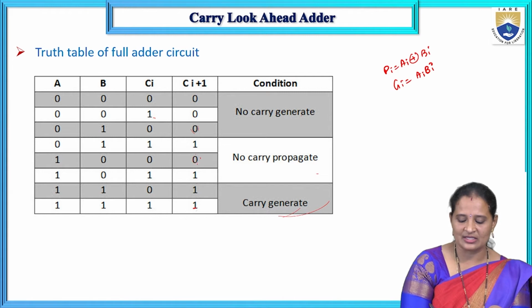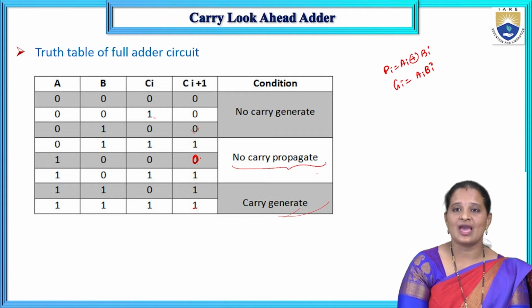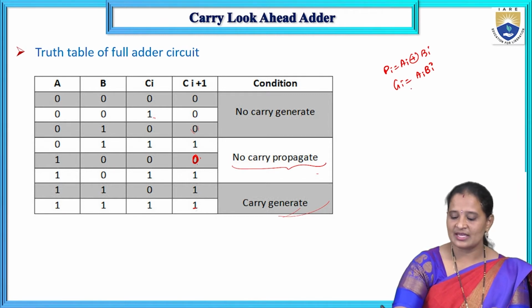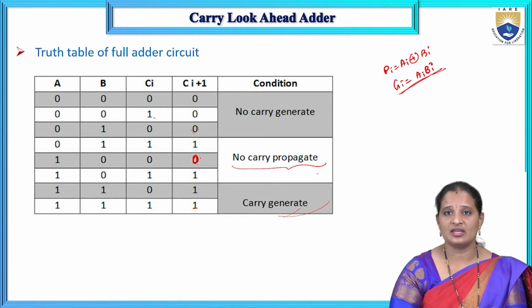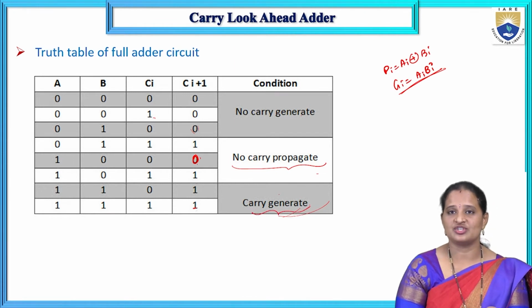Here the carry is generated, but it is not propagated because I have got the propagate function as 0. That is why I am saying this as carry propagate. Whereas carry generate, why am I saying it as generate here? Ai Bi, 1 into 1 is 1, again 1 into 1 is 1. So that means it is a carry generate function.